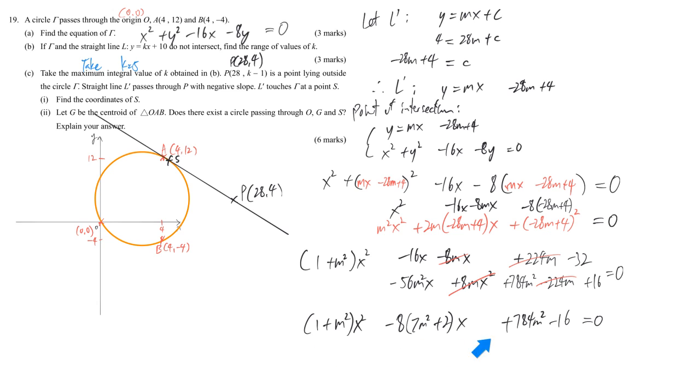We identify A, B, C here easily, then we can use the conclusion. It's because it's tangent, only one point of intersection. So only one repeated real root. Therefore, b squared minus 4ac should equal 0.